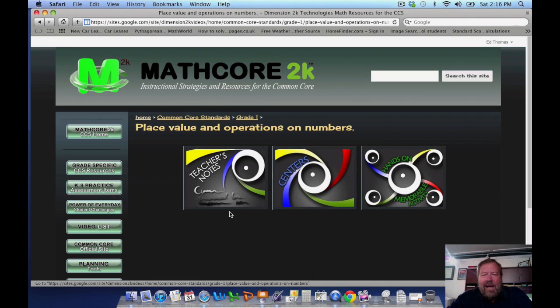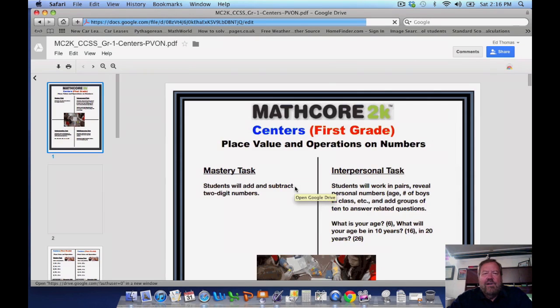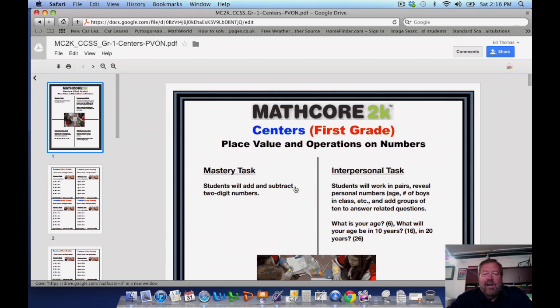Now, we have three icons that appear, one for teacher's notes, one for centers, and one for hands-on and memorable activities. I'm going to share the centers, and our centers are not just good for centers but also provide a lot of nice ideas for lessons themselves. Notice that our centers address four different things.